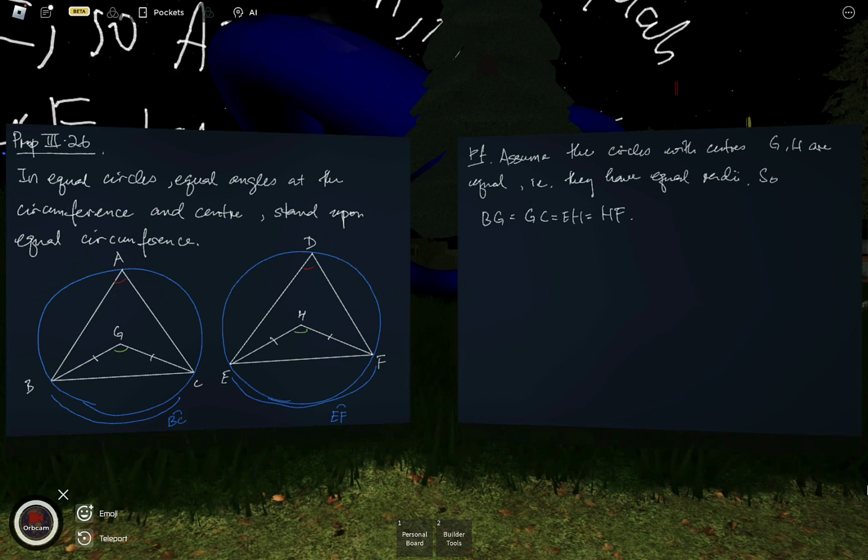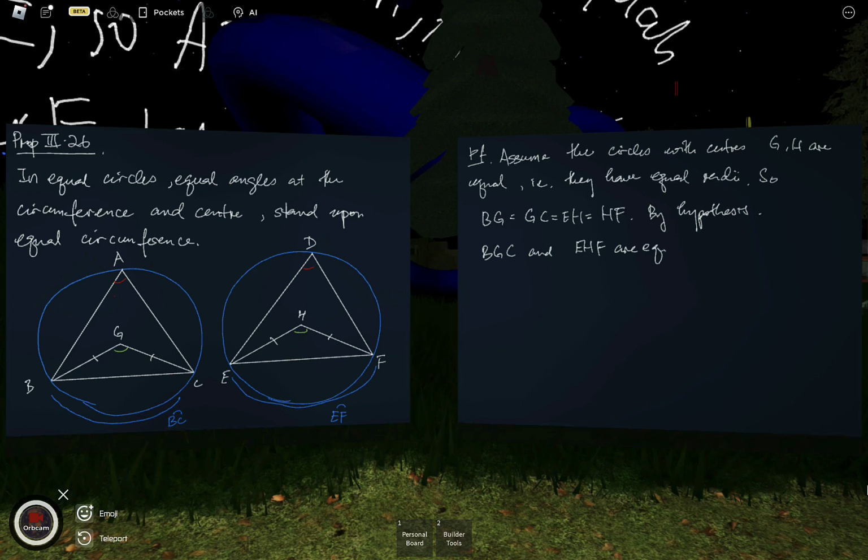Okay. And so what we also have is by hypothesis, the green angle in the middle, they're also equal, right? So that would be BGC and EHF are equal.